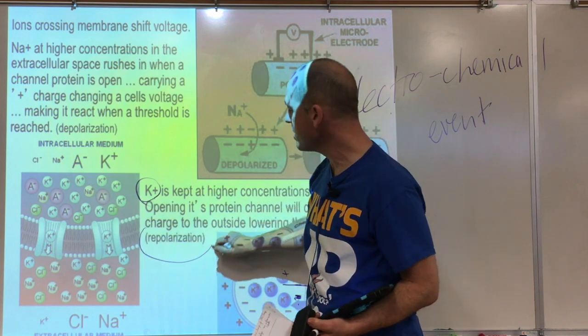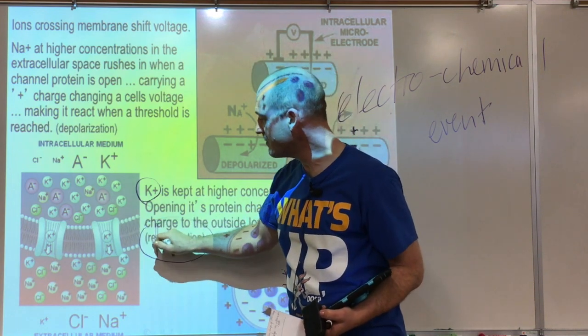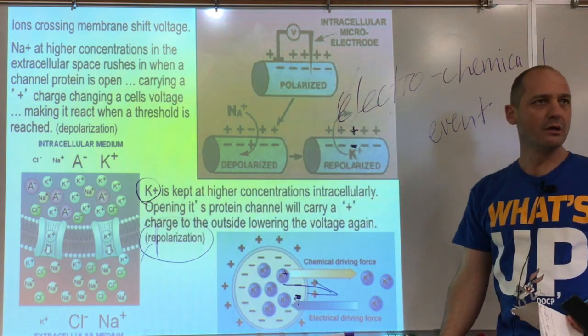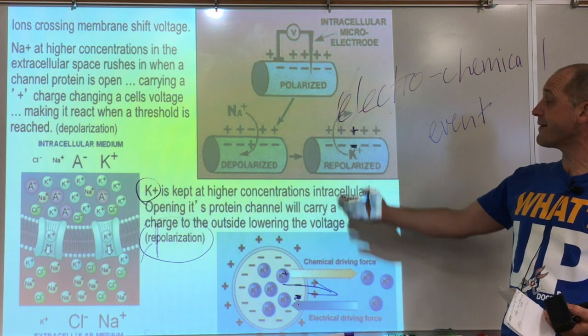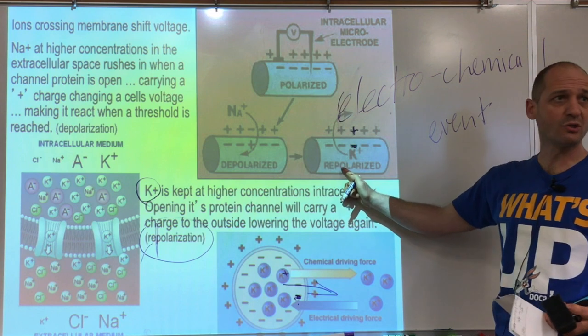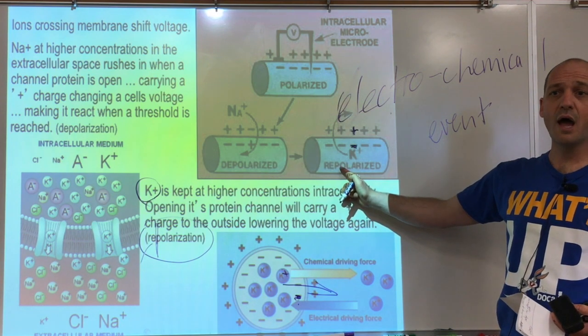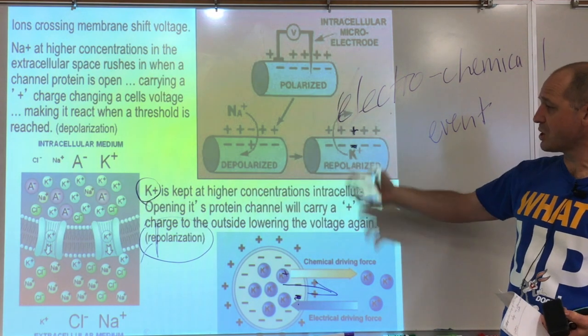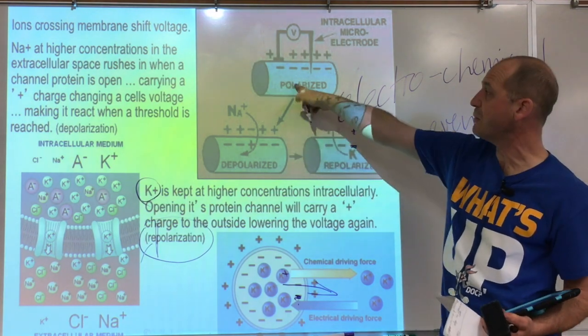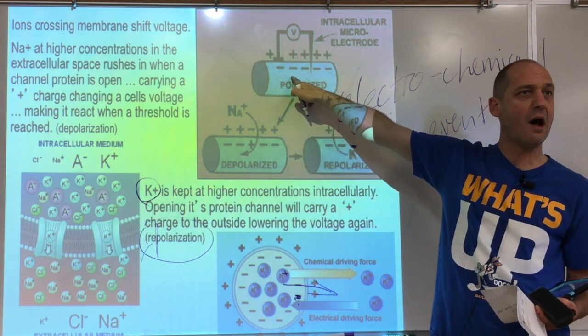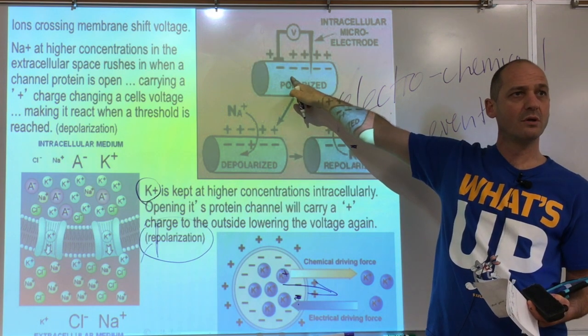That process is called repolarization. We reestablish that original state. And now we're back to this, except the chemicals are scrambled. And slowly the sodium potassium pump puts the chemicals back where they belong, and it all goes back to this, and then we can fire a new nerve impulse.